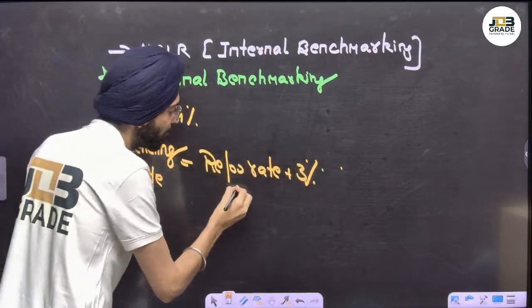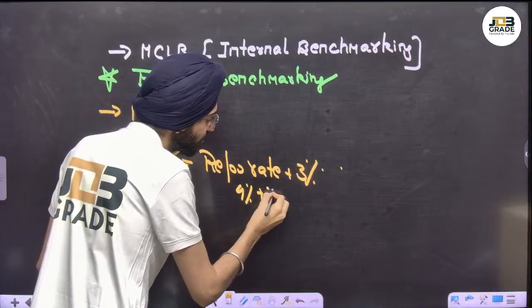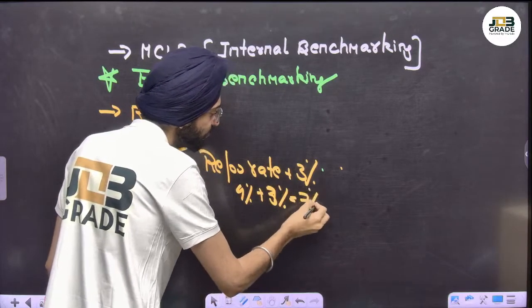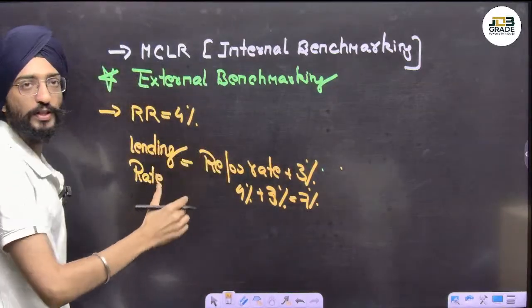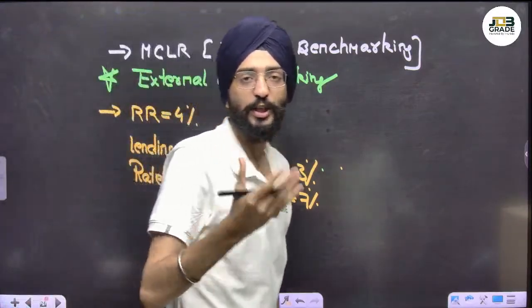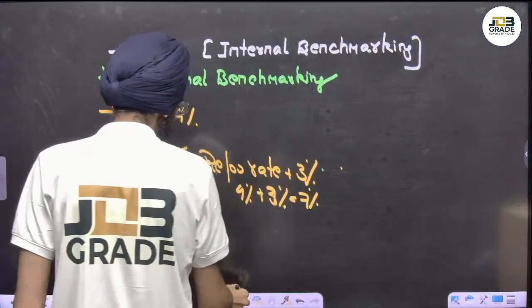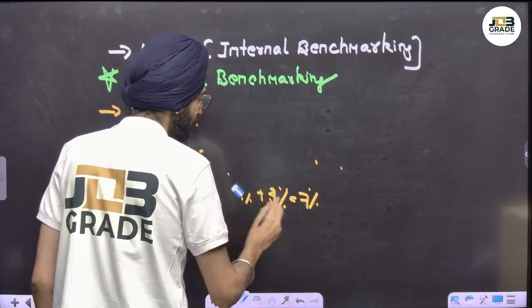So repo rate 4% plus 3% is going to be 7%. This repo rate, obviously, is subject to change. It's volatile. It's going to change as RBI changes its repo rate. But what is this 3%?